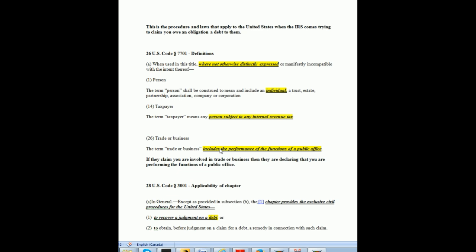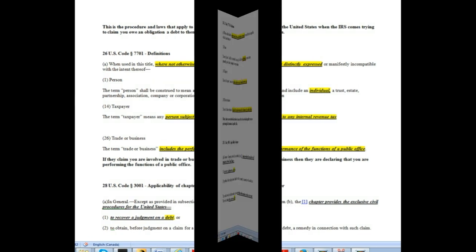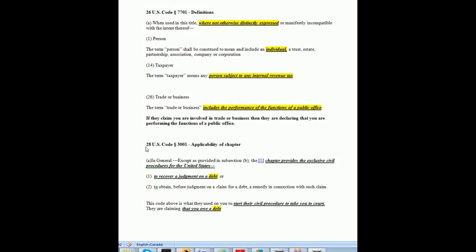But since they put the word includes here, whatever they are about to describe is the only thing that it means. So the term trade or business includes the performance of the functions of a public office. If they claim you are involved in trade or business, then they are declaring that you are performing the functions of a public office.